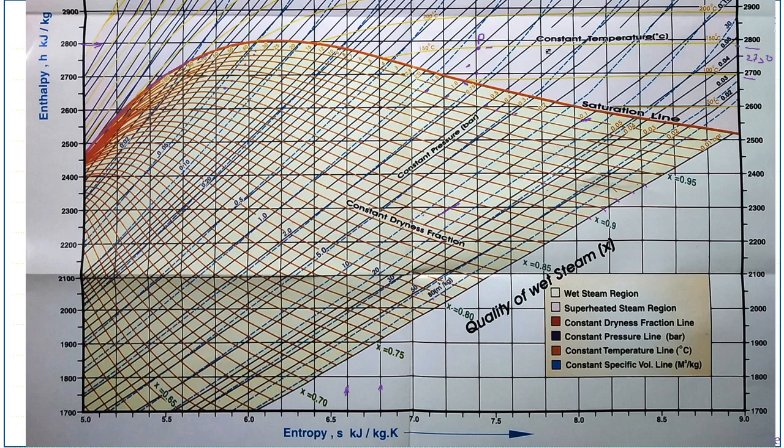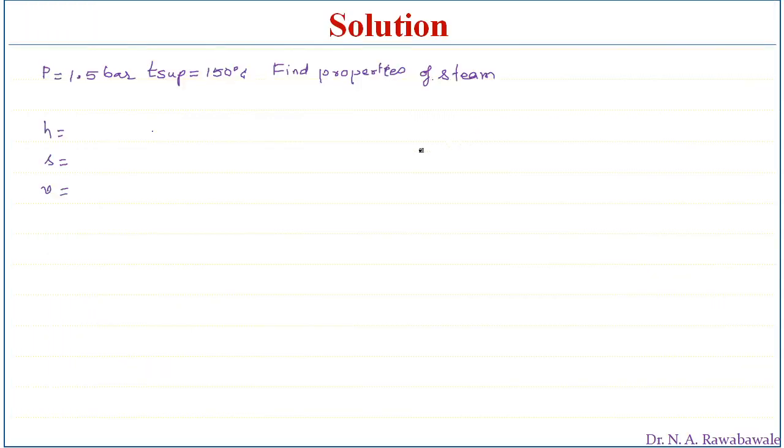If we take a horizontal line starting from point P, the enthalpy may be about 2780. So we can write the enthalpy as 2750 kilojoules per kg of steam.